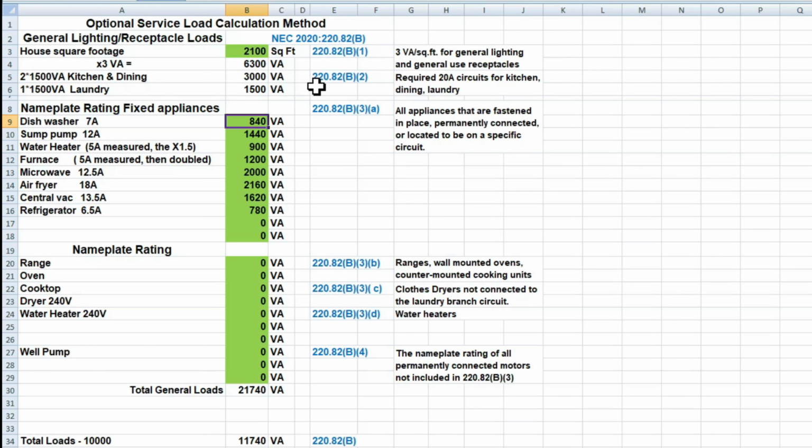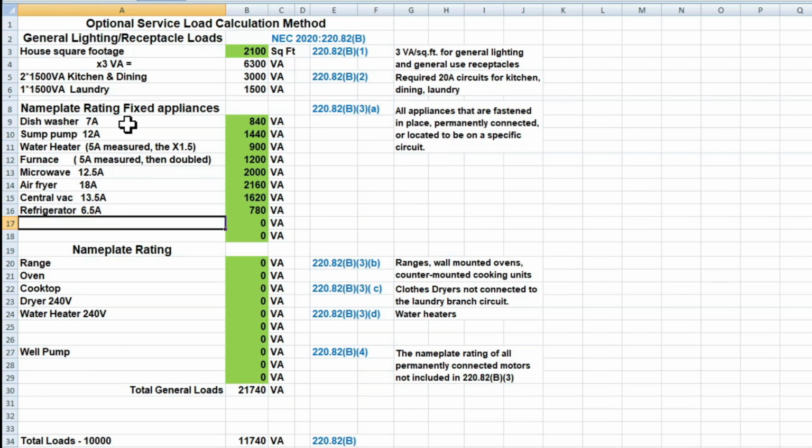Then 220.82 B2, required 20 amp circuits for kitchen, dining, and laundry. Then down here I have a number of spaces open for nameplate rating of fixed appliances. So these are, according to 220.82 B3A, all appliances that are fastened in place, permanently connected, or located to be on a specific circuit.